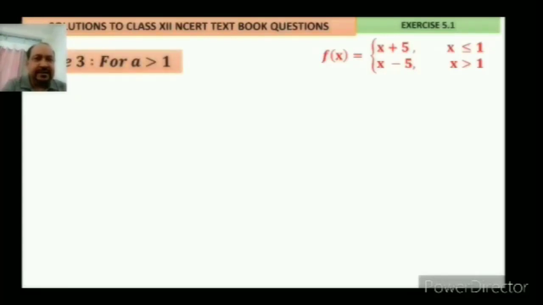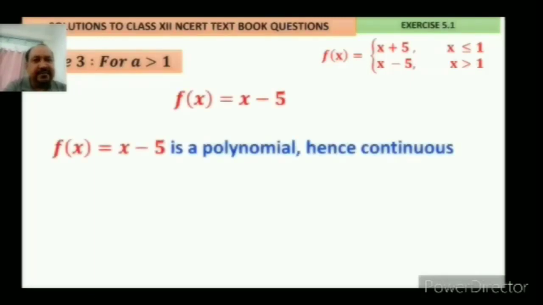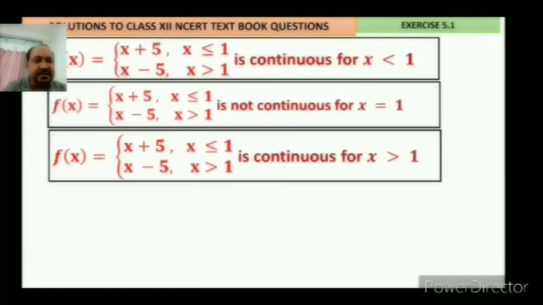For case 3, when a is greater than 1, f of x equals x minus 5. f of x equals x minus 5 is a polynomial function, hence it is continuous. So you can say the function is continuous for x greater than 1. Let us summarize all the conditions.